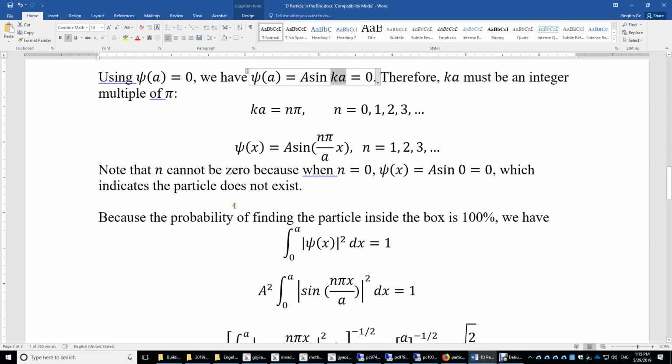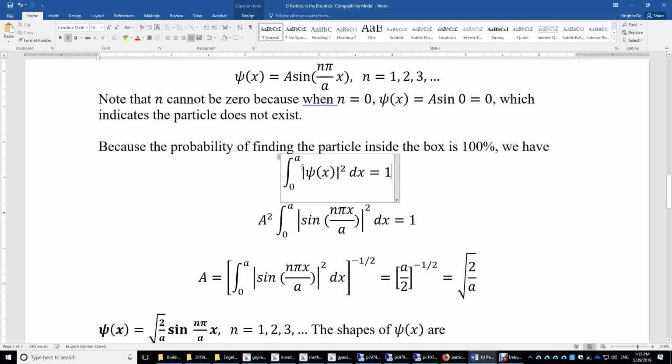And also because the probability of finding the particle inside the box is 100%, we have to normalize this wave function inside the box. The limit is from 0 to a, and this |psi(x)| squared, the squared modulus of psi, is the probability density, and then this entire integral should be 100%.